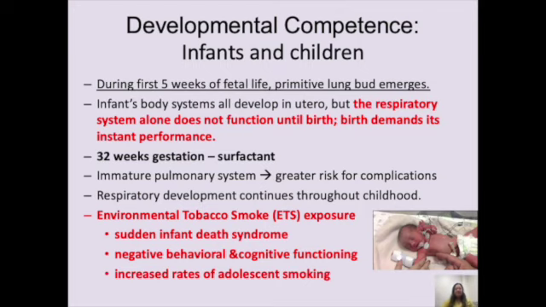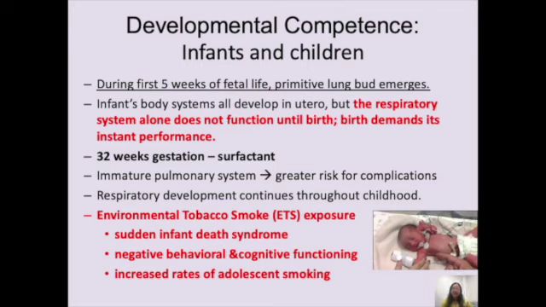Now, during the first 5 weeks of fetal life, you actually will have primitive lung buds emerging as part of the development. But it's not until you are at 30 weeks gestation that your body makes a substance called surfactant. And this surfactant helps to pop up the alveoli so that actual oxygen exchange can start working, your lung tissue can fill up, and that your pulmonary system altogether is operating at full function.